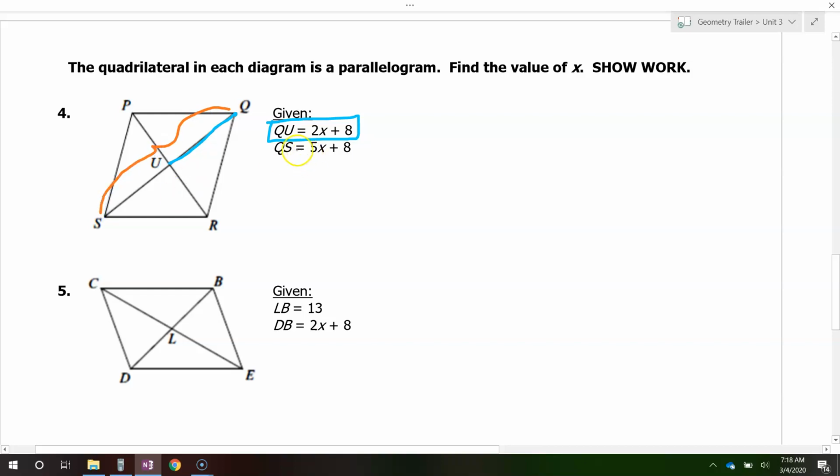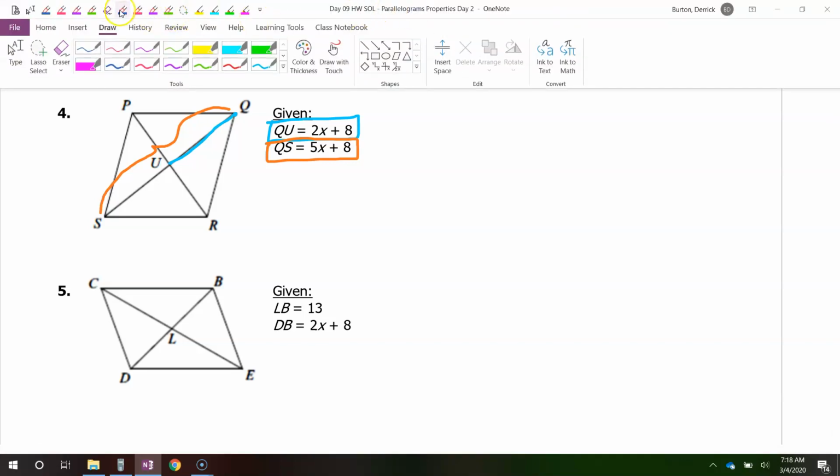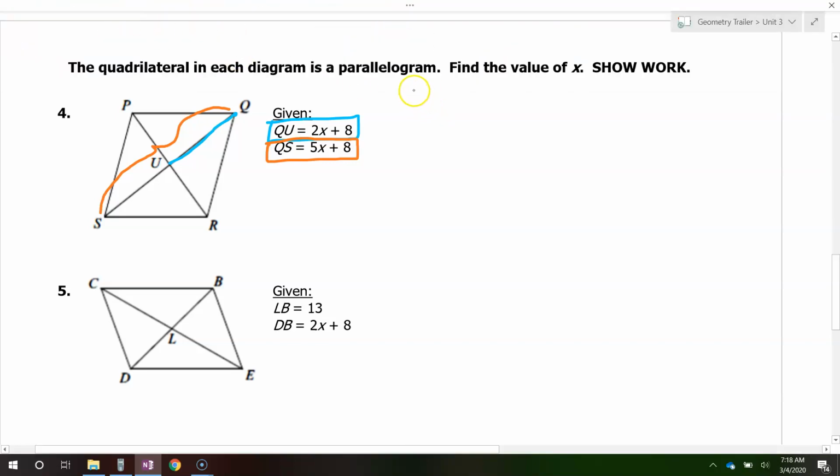That is QS. So we have a half and a whole. So we should be using the 2 halves equals a whole framework. So 2 halves equals a whole.